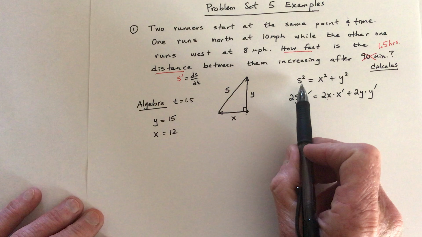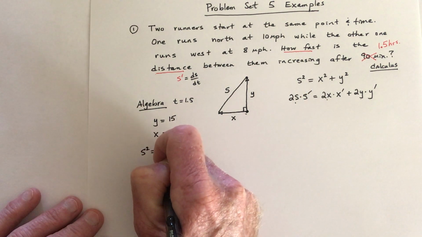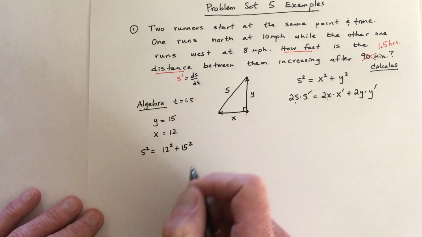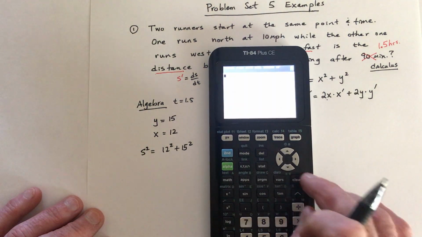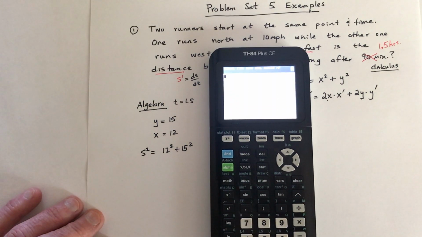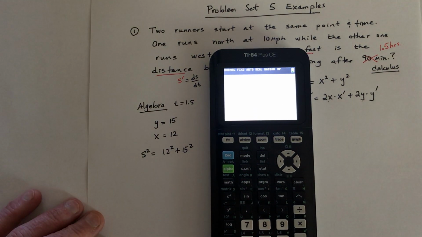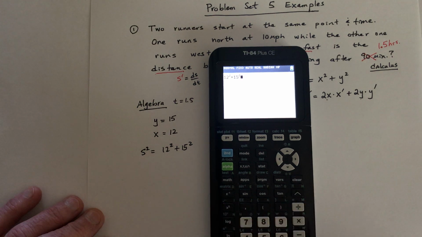And then once again, I could use the Pythagorean Theorem, so s squared equals 12 squared plus 15 squared. And then what does that equal? 12 squared plus 15 squared is 369.